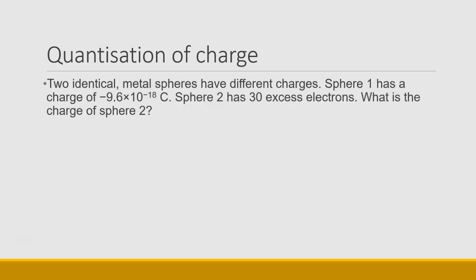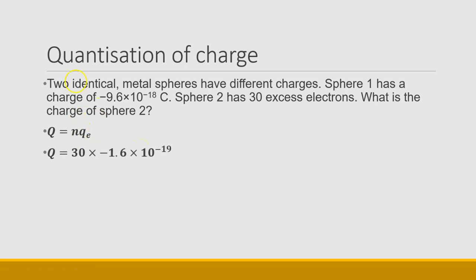Two identical metal spheres have different charges. Sphere 1 has a charge of minus 9.6 times 10 to the minus 18 coulombs. Sphere 2 has 30 excess electrons. So the first question that we're asked is to calculate the charge on sphere 2 based on the knowledge that it has 30 excess electrons. Our formula is the total charge is equal to the number of electrons times the charge per electron.